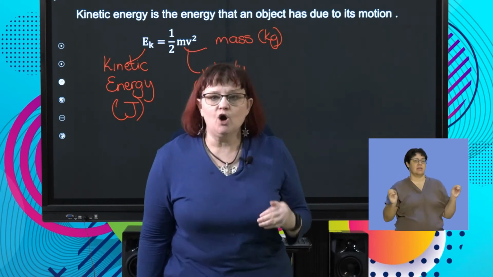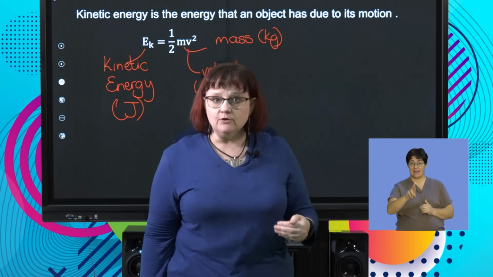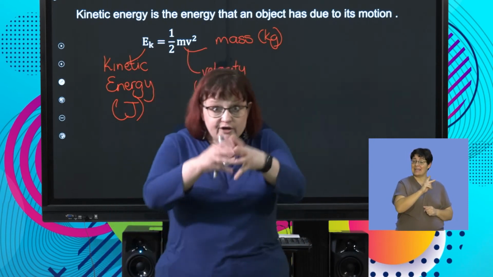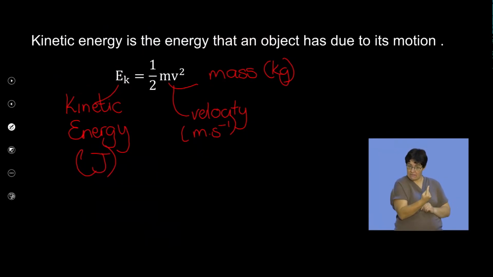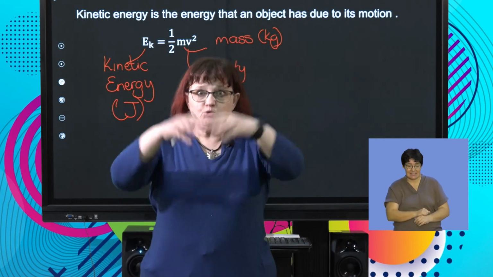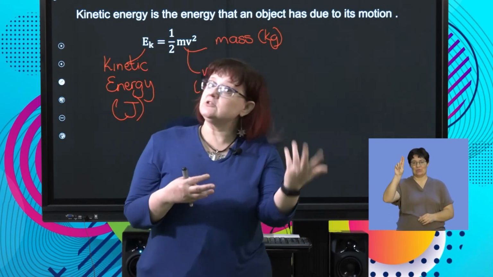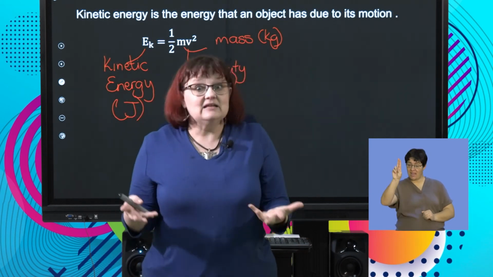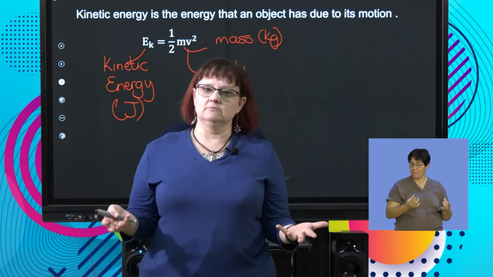Also, you can't get a negative value for kinetic energy on its own. That's because of the square. Even if the velocity is negative, it doesn't matter because we're going to square it, and the square of any negative number is a positive number.